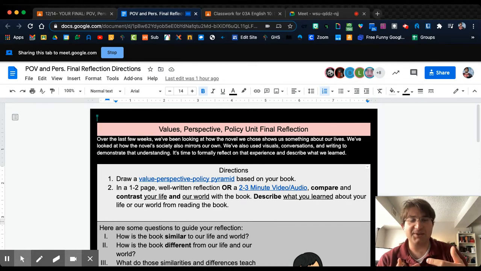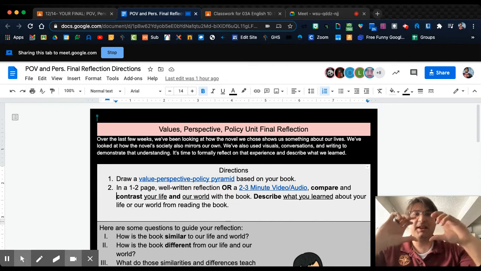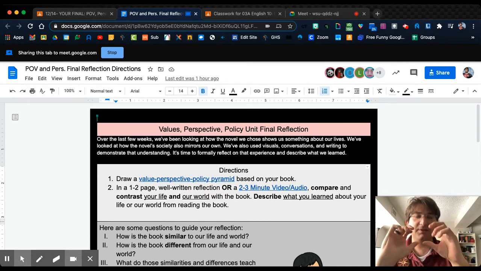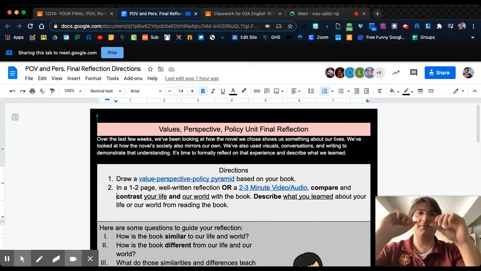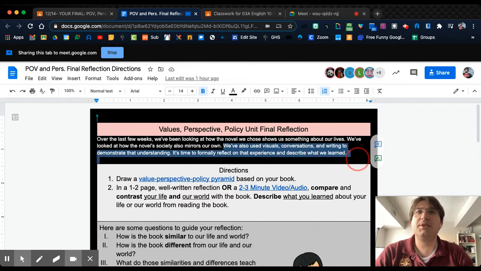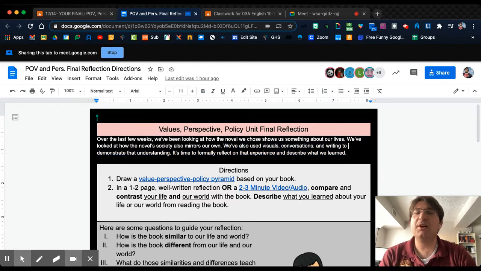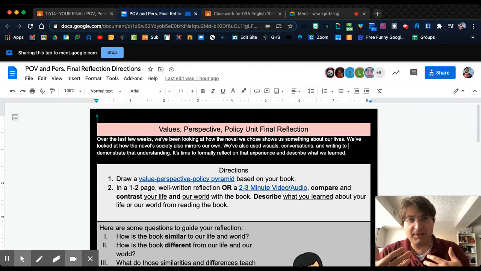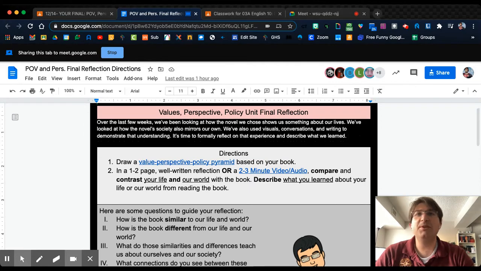We've had those discussions with our group, especially yesterday, where you drew a bunch of triangles and talked about how the values reflect and create the perspective, which then reflects and creates the policy that actually happens in our real world: the social norms, the rules, the laws, etc. We've looked at how the society mirrors our own. You've looked at how that conflicts with or agrees with your values. And we've used visuals. You've done a lot of this stuff before, so do not be afraid to go back and look at that work.